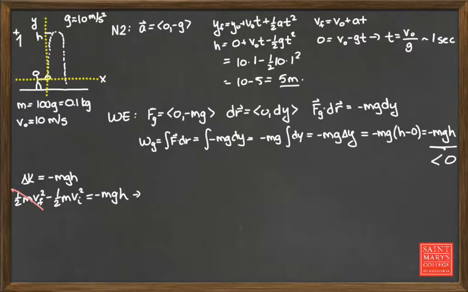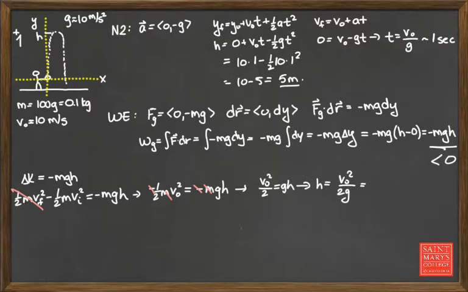So then this says negative 1/2 m times the initial velocity squared equals negative mgh. The m's cancel, the negatives cancel. So then it looks like I get v squared over 2 equals gh, or h equals v squared over 2g.